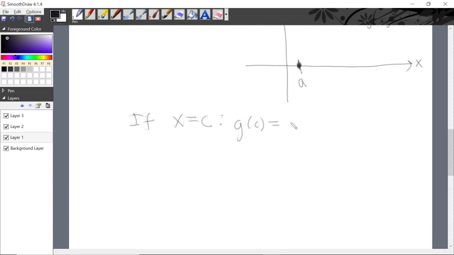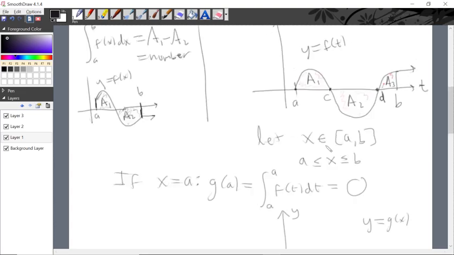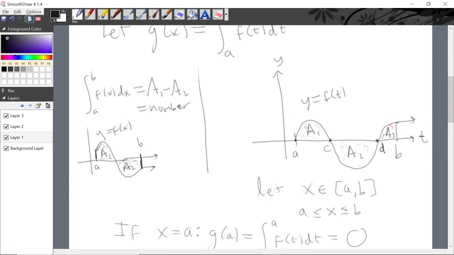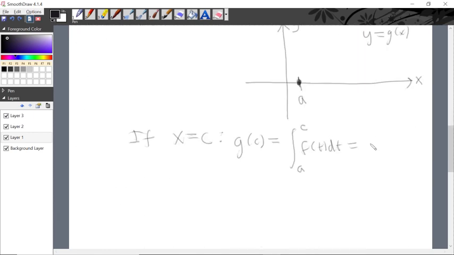What is g of C? Well, g of C would be the integral from a to c of f of t dt. That would be interpreted as the area bounded by the function f and the x-axis on the closed interval from a to c. What is that equal to? That would equal this whole area right here. That would be equal to a1. And notice that that is a positive area, an entirely positive area.